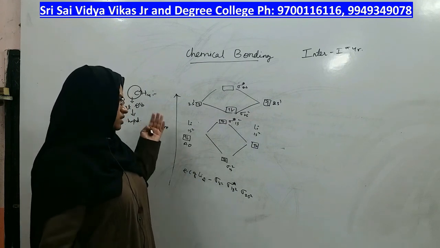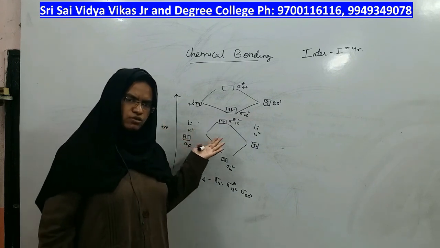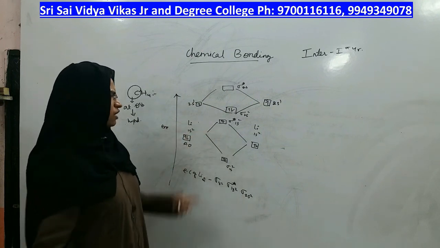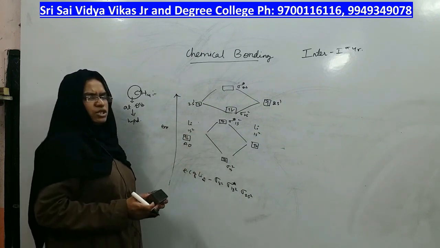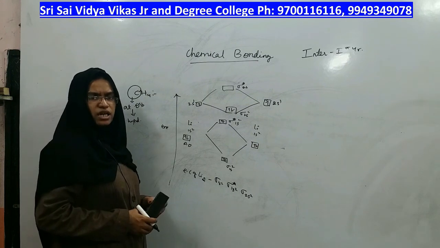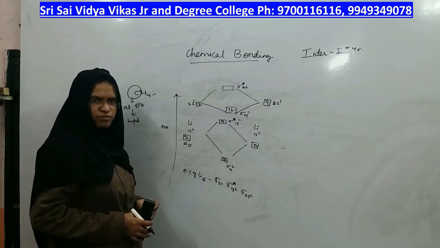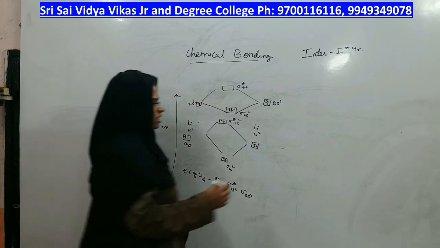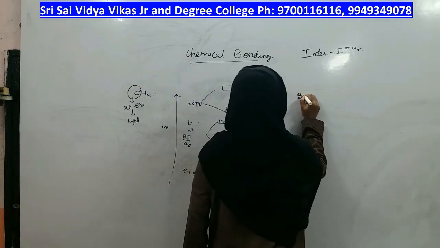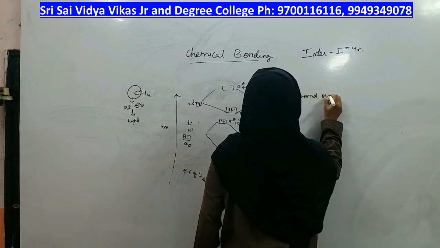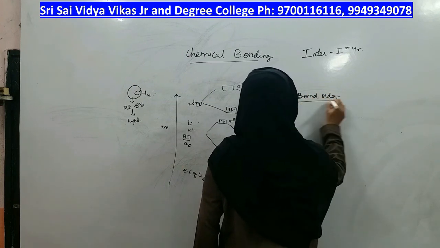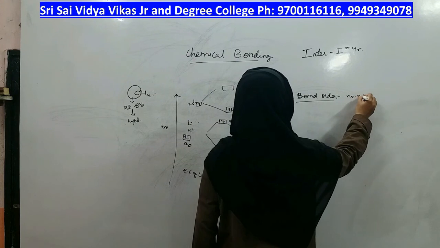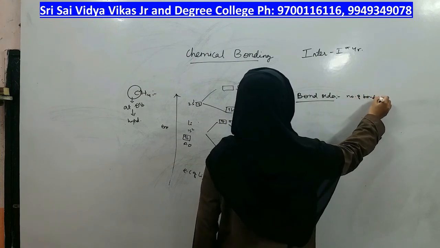Now in the previous molecules and in this molecule also, once the molecule is formed, you should be able to calculate how many bonds are present in a molecule, and that is nothing but calculation of bond order. Bond order means, roughly, the number of bonds present in the molecule, right?